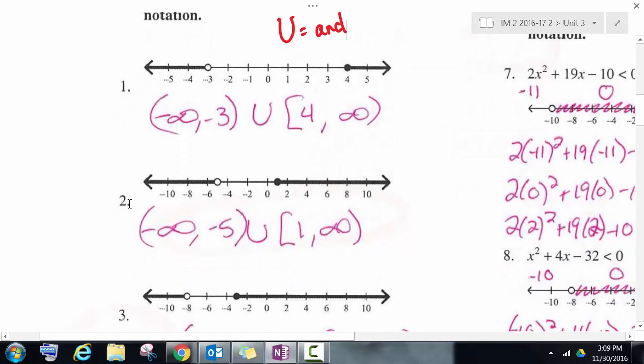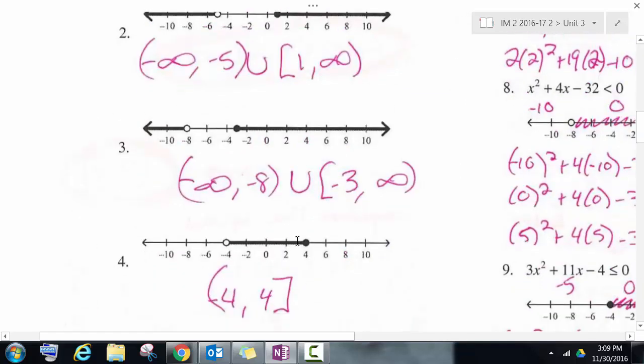Same thing with number 2, negative infinity to negative 5, not including negative 5, and 1 to infinity, we include 1, so it's a square bracket. Number 3, same thing, negative infinity to negative 8, parenthesis on the negative 8, and negative 3 to infinity, bracket on the negative 3, because it's shaded in.